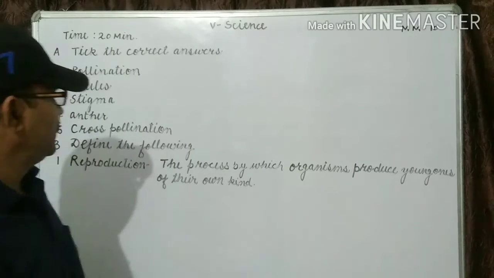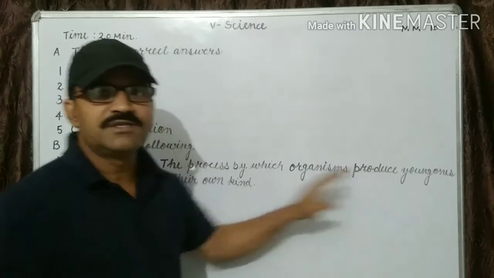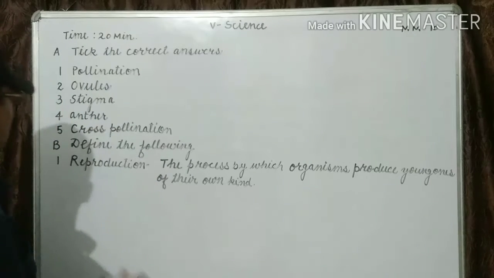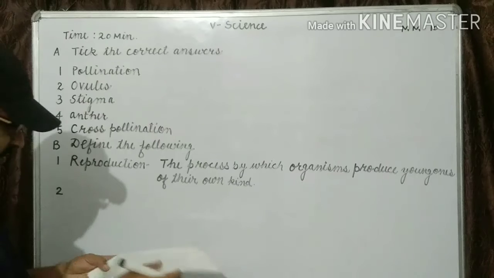Clear this definition? The process by which organisms produce young ones of their own kind is called reproduction. Second definition is fertilization.